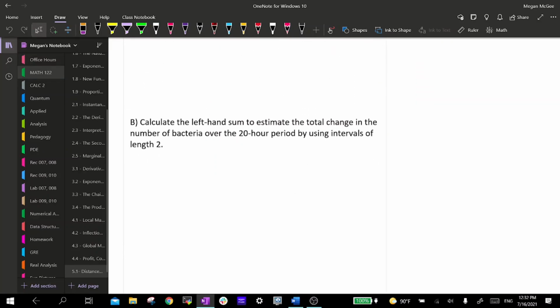We're going to calculate the same thing, but using a length of 2. So here our delta t is equal to 2. That means our number of intervals is 20 divided by 2, so we have 10 intervals.